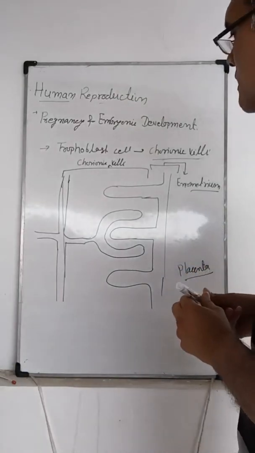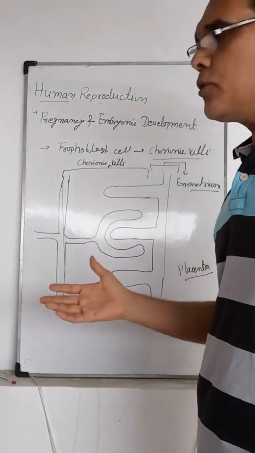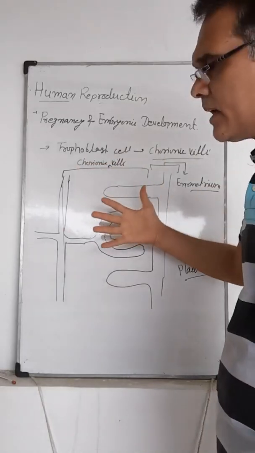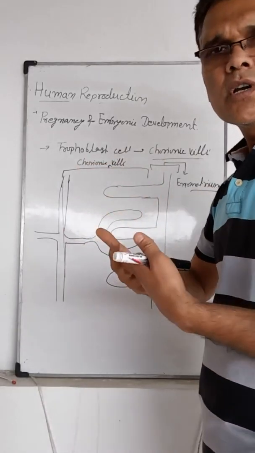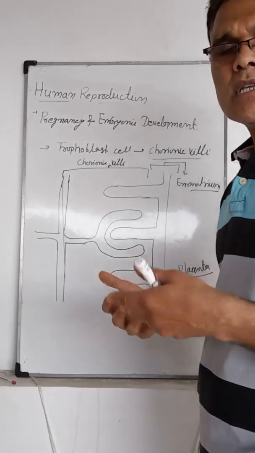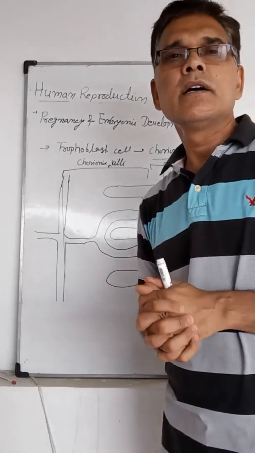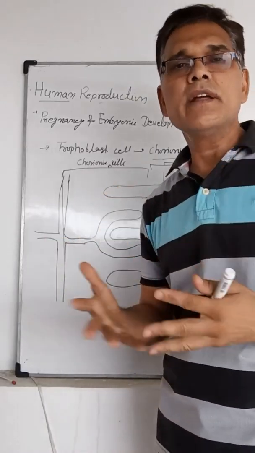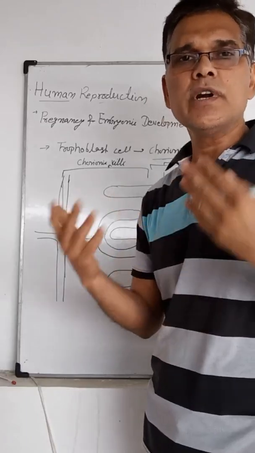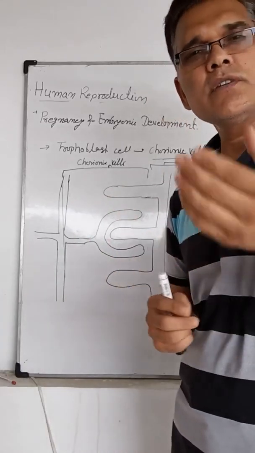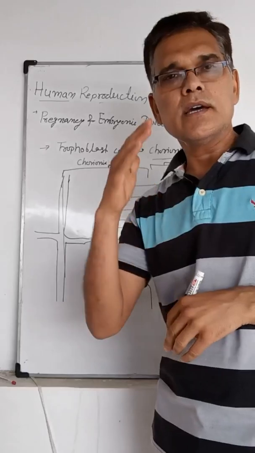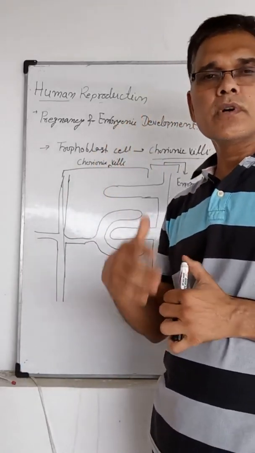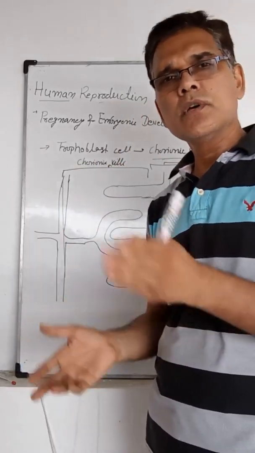The trophoblast layer of the embryo forms chorionic villi, and the endometrium also forms finger-like projections; they come close and associate together to form the placenta. The placenta provides all the nutrients to the developing embryo, and also passes the excretory products produced inside the embryo or developing fetus to the mother's body.